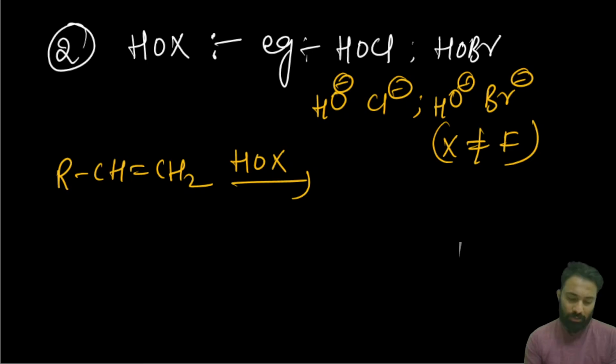Next, if you take an alkene in the presence of HOX, here the oxygen is more electronegative, so in this manner it will dissociate. That we know.